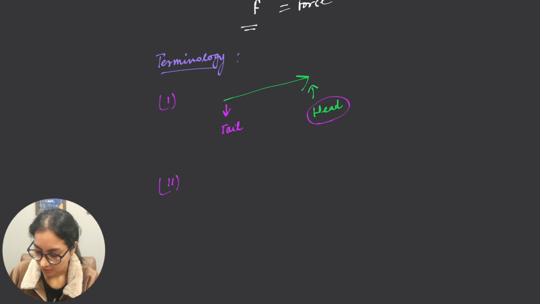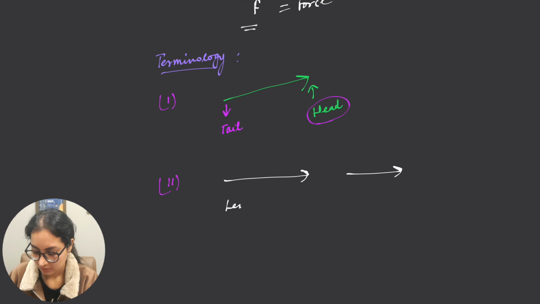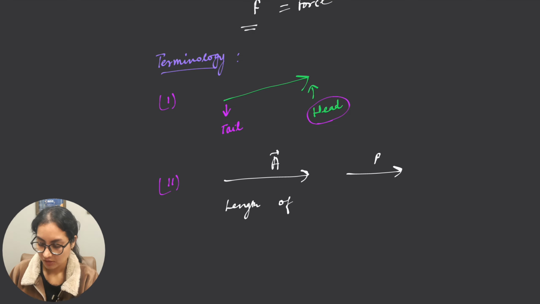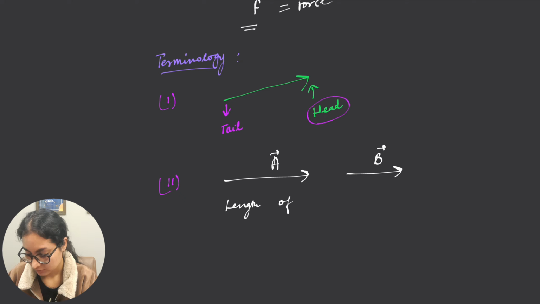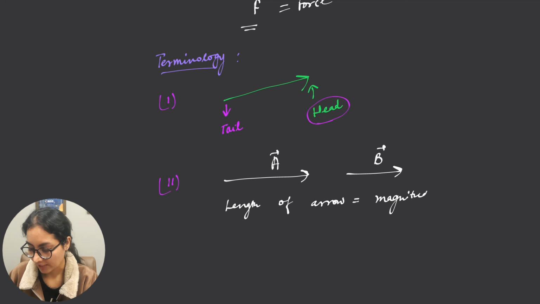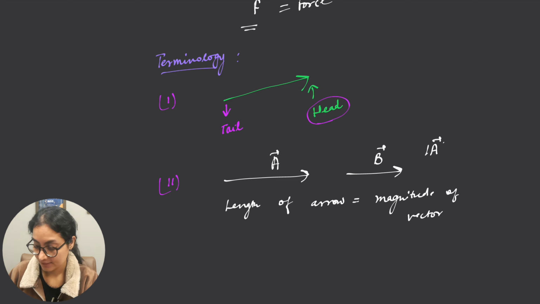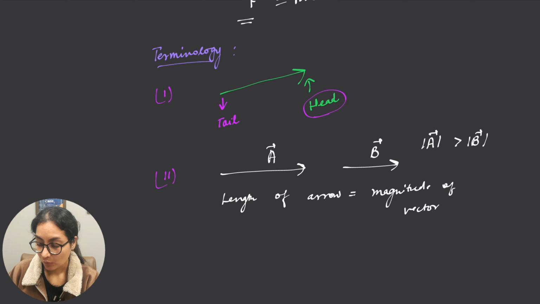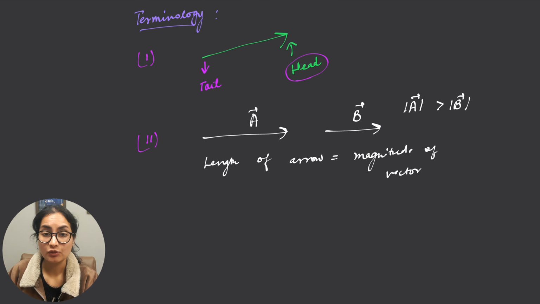And the longer the arrow is, let's say this is A vector, this is B vector, the magnitude of that vector is more. So the length of the arrow defines the magnitude of the vector. So in this case, the magnitude of A is greater than the magnitude of B, correct? So the length only tells you about the magnitude of the vector.